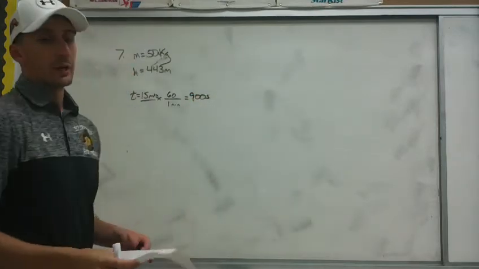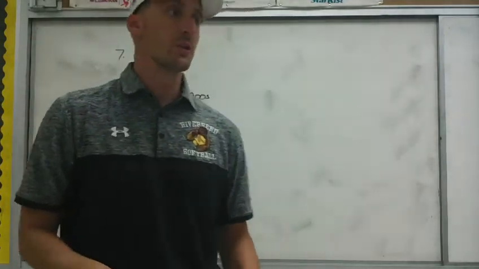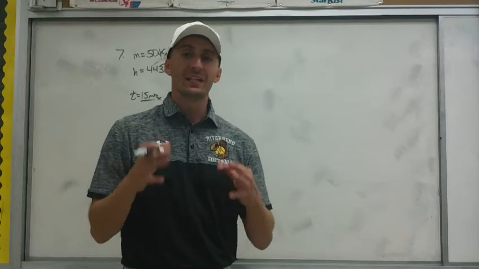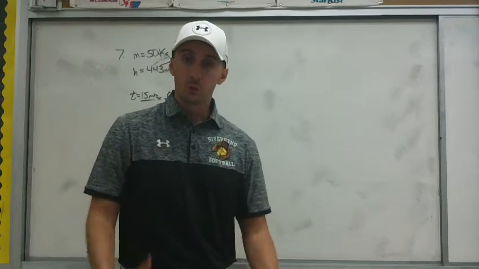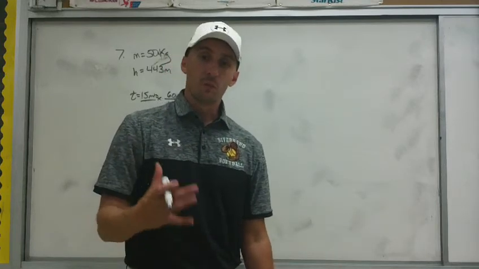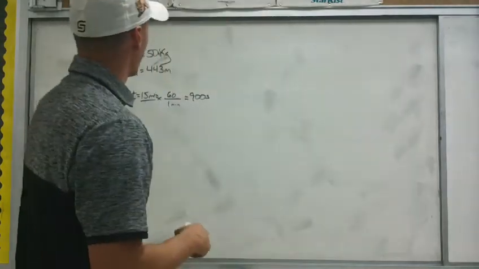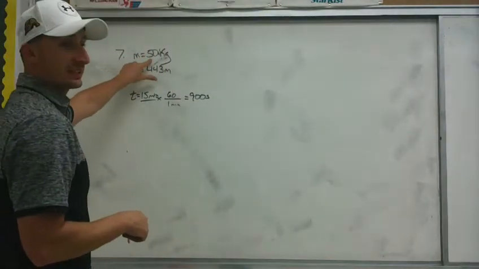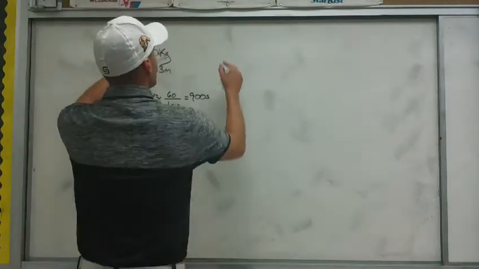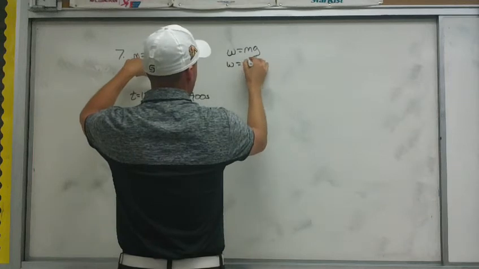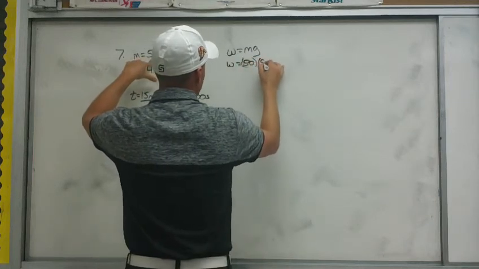So when you think about it, when you run up the stairs, you're going against gravity, right? Well, what is the force of gravity that you feel? You feel your weight, right? So the force you have to overcome is the weight of you pulling down. So the first thing I want to do is calculate this guy's weight by using his mass. Weight is equal to mg. Weight equals mass is 50, g is 9.8.